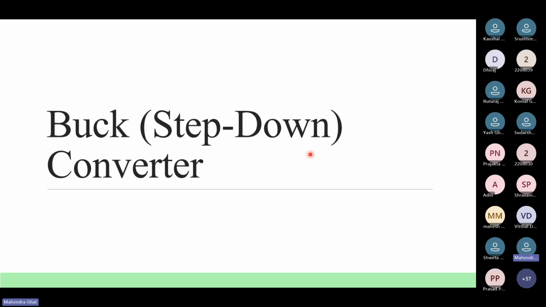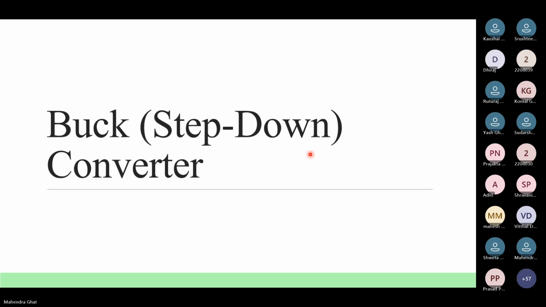Step down means the output voltage is lower than the input voltage. The same terminology we use for transformers, step up transformer or step down transformer, is used in the DC-DC converter. If the output voltage is always lower than the input voltage, then this converter is called the step down converter, also called the buck converter.